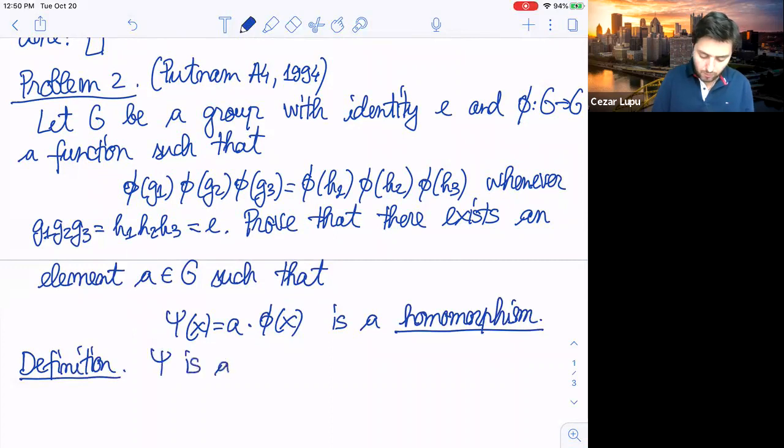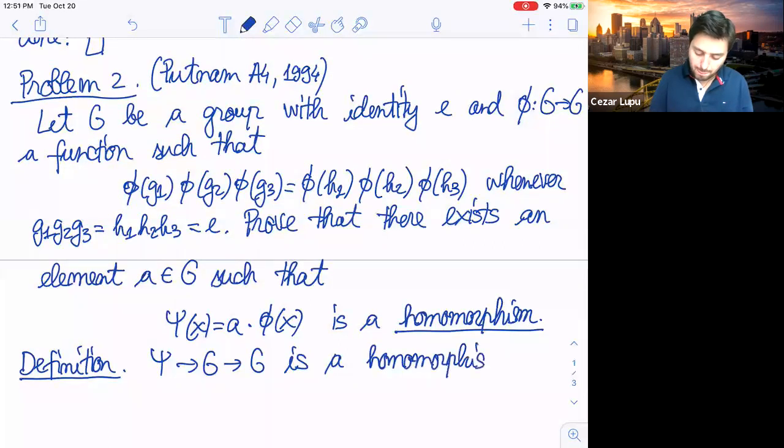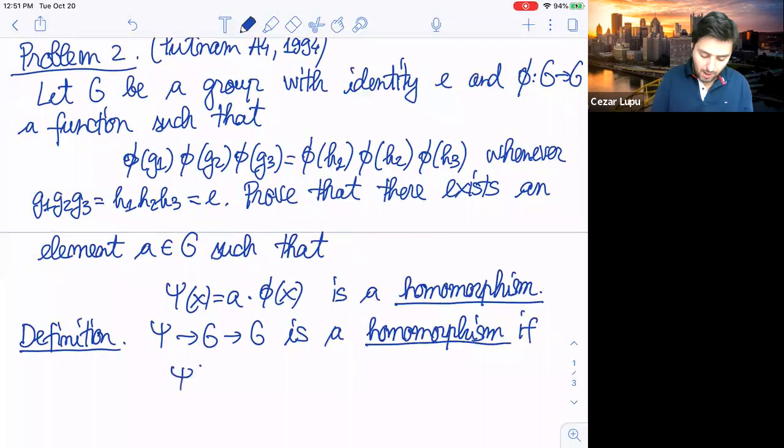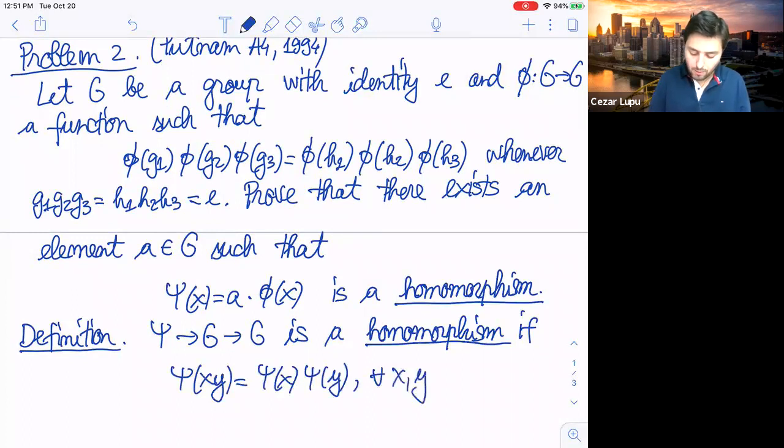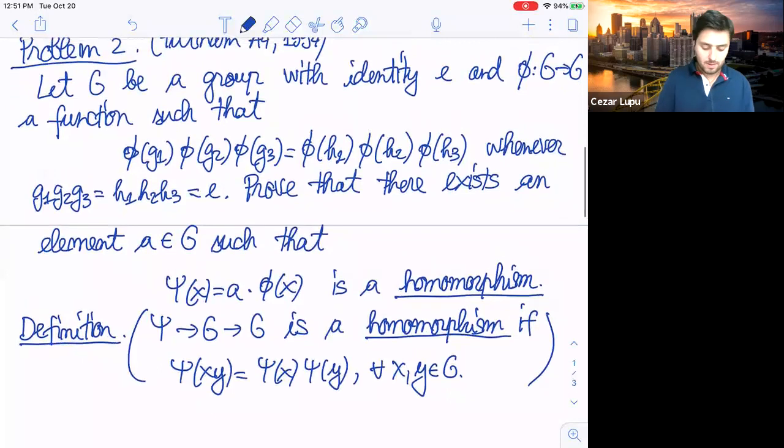Psi from G to G is a homomorphism if psi of xy is psi of x times psi of y for all x, y, for any two elements in G. So that's a homomorphism. All right, so this is the statement of the problem. Look at it for a bit.